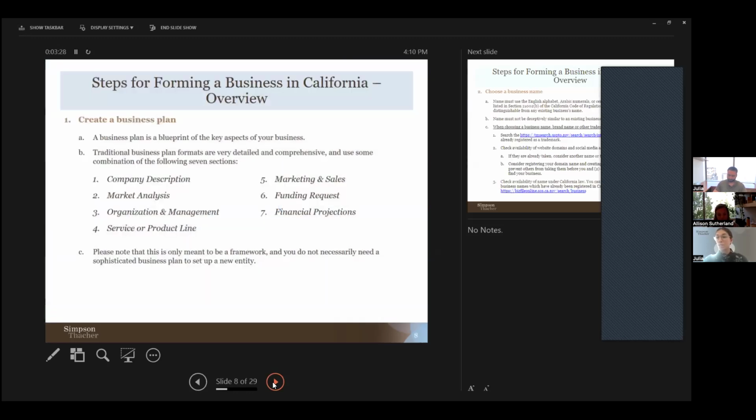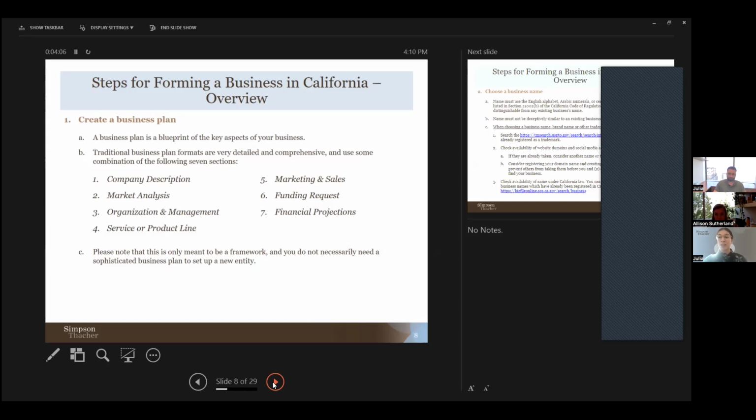So the first step to starting a business is you will want to create a business plan. A business plan outlines the key aspects of your business. And we've outlined some considerations that you might think about, such as a company description, your market, who you want to sell your product or service to, organization and management, how you want to organize your business and how you plan on managing employees, if you plan on having employees, how you will source your products, so service or product line, and then how you will market your business and sell your product or service.